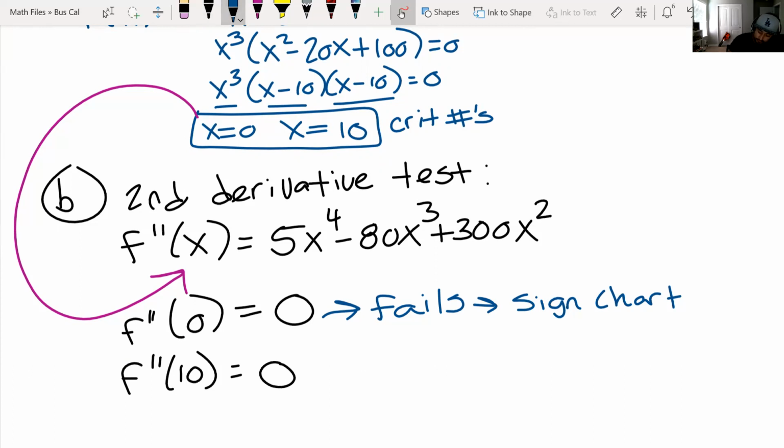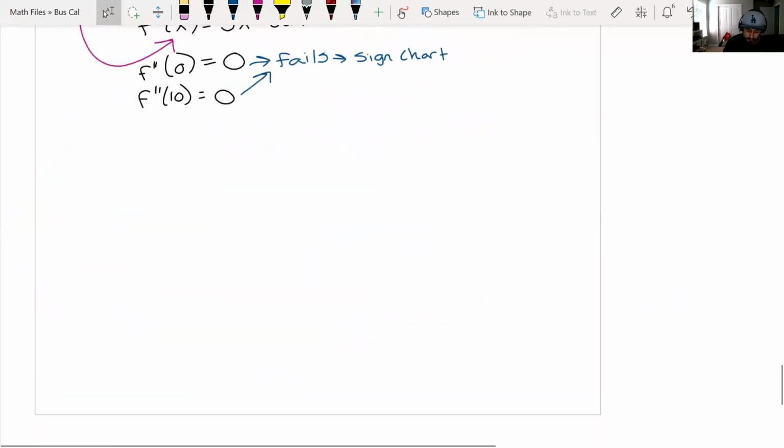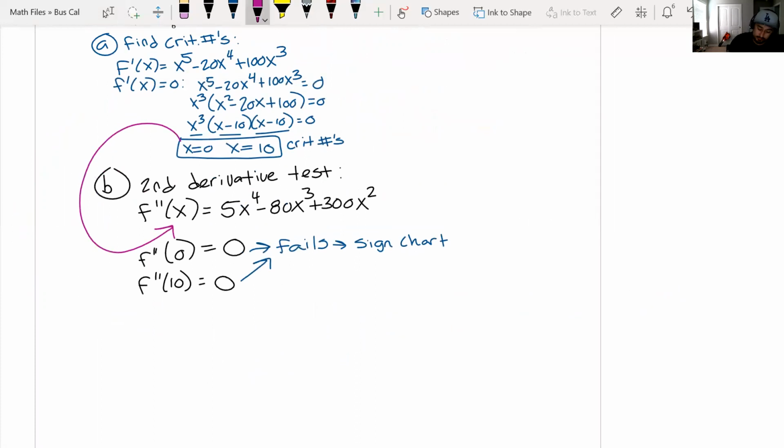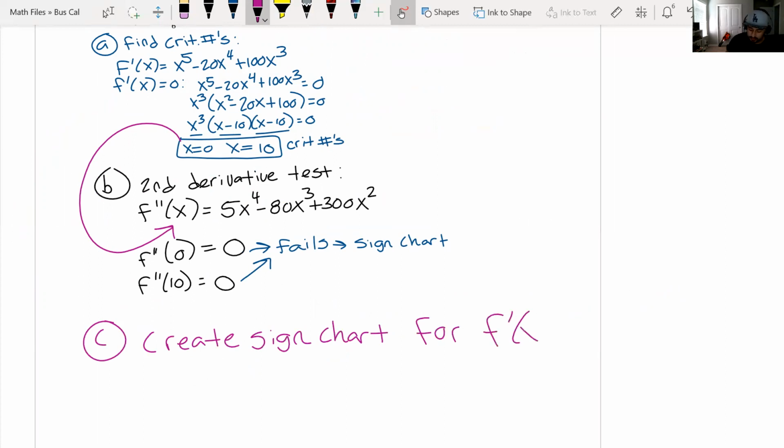So fail, fail. 5x to the fourth minus 80x cubed plus 300x squared. Yep. So this means we create a sign chart. So fail, fail, or a bunch of failures. We now move to step C. We create the sign chart for f prime of x, since we failed.